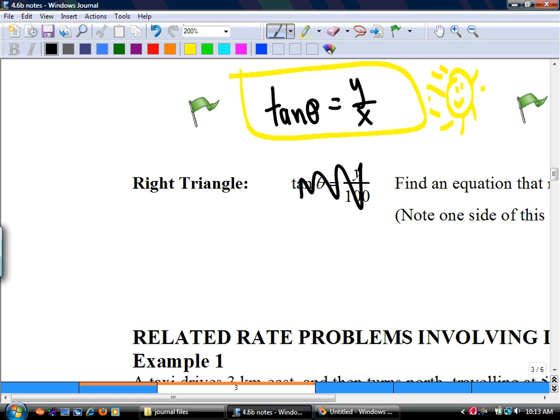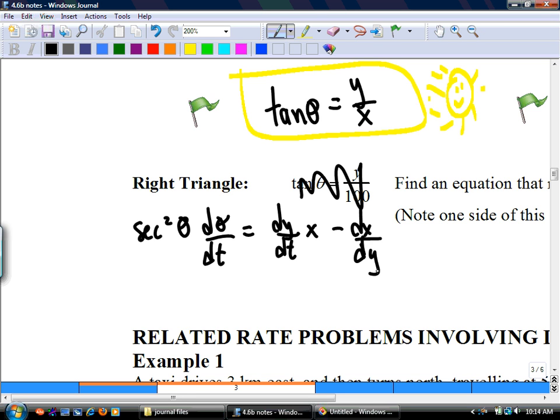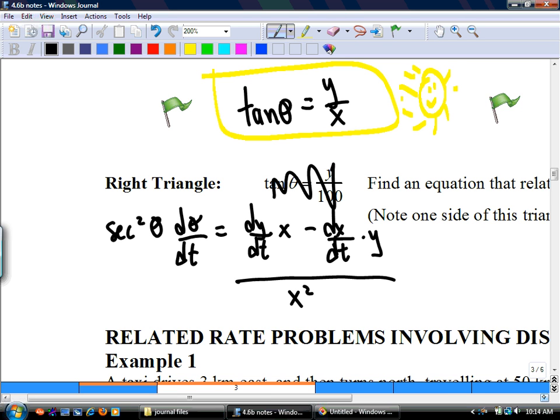Derivative of tan: secant squared theta d theta/dt equals dy over dt times x minus dx over dt times y, all over x squared. Okay, solve that for d theta/dt. Take the secant squared over to the other side of the equation.